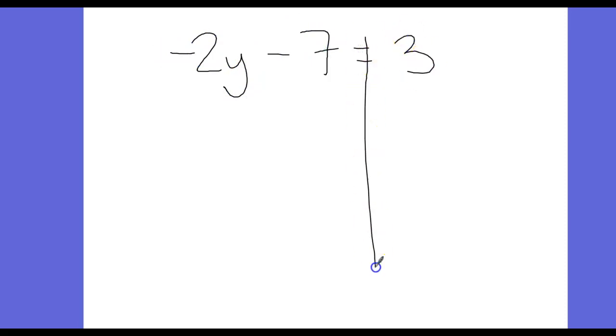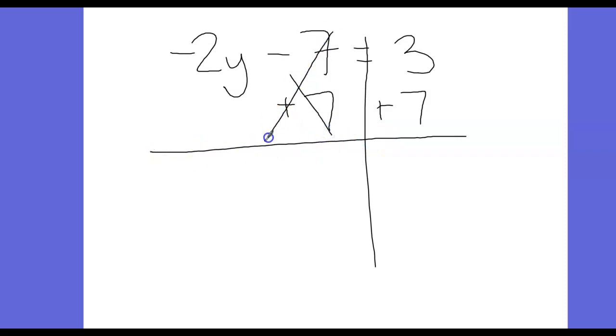Let's do negative 2y minus 7 equals 3. What's the first thing I would do, Callie? I would add positive 7. This made my 0 pair.